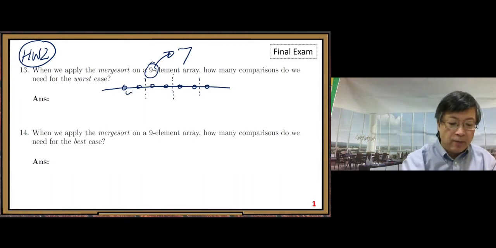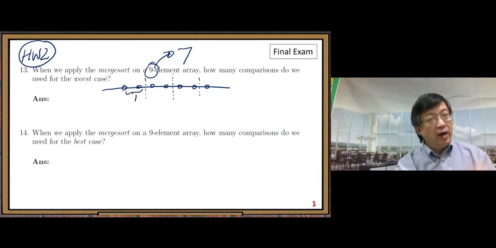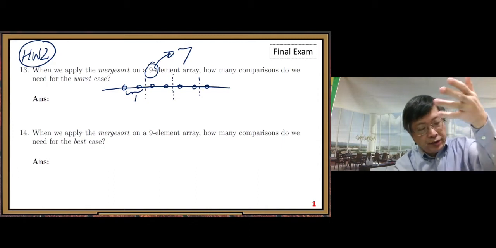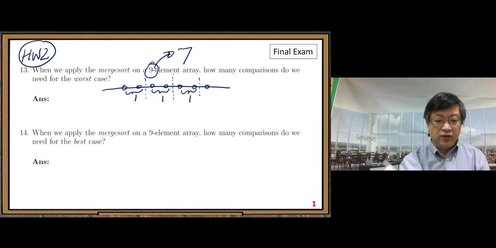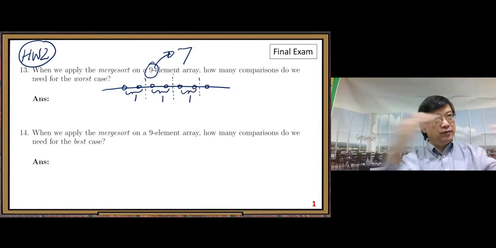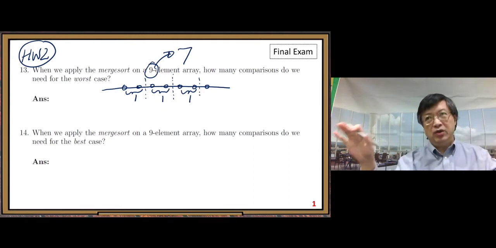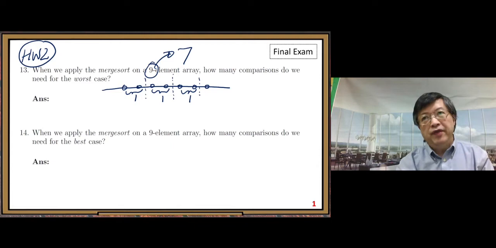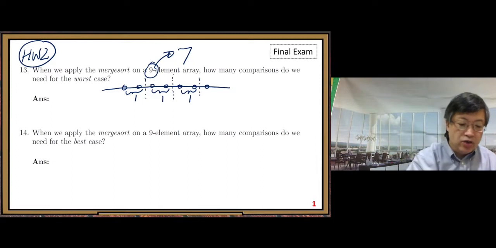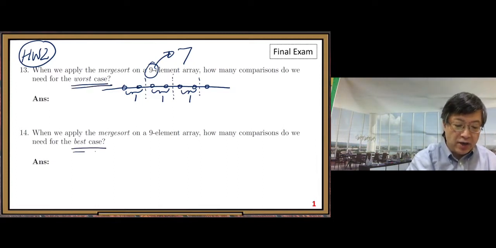For 2 elements, we need one comparison to get it sorted. One comparison to get it sorted. One comparison to get it sorted. We can treat this step as preparation. After that, we merge 2 adjacent subarrays. But when we merge, we consider the worst case and the best case.